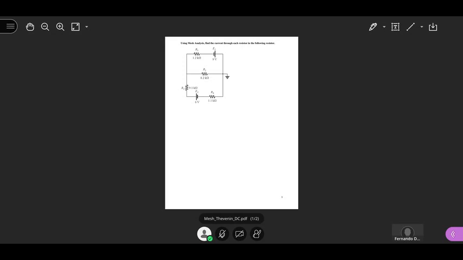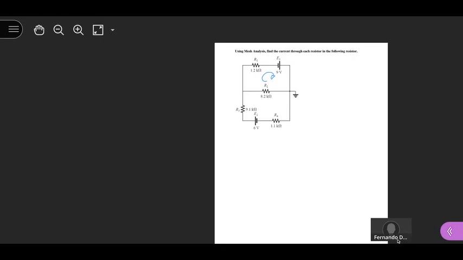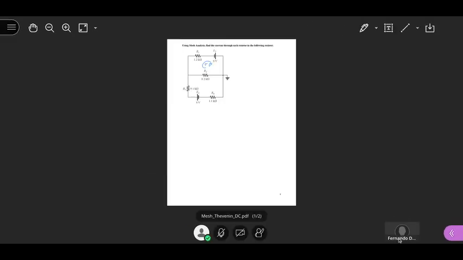Right? So let's do this. Let's assign loop number 1. This is too thick, let me make it smaller. So we're going to assign this I1 loop current, right?